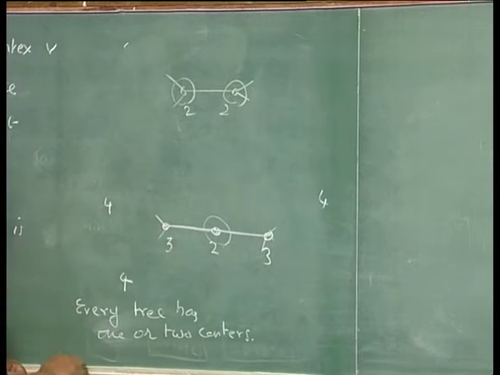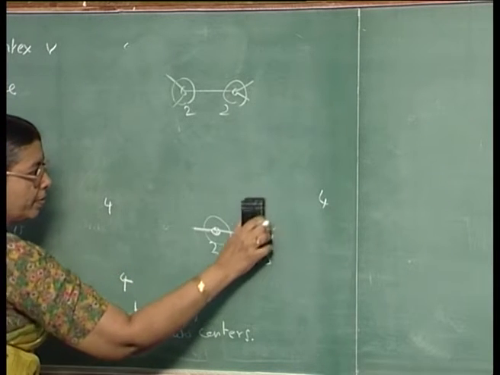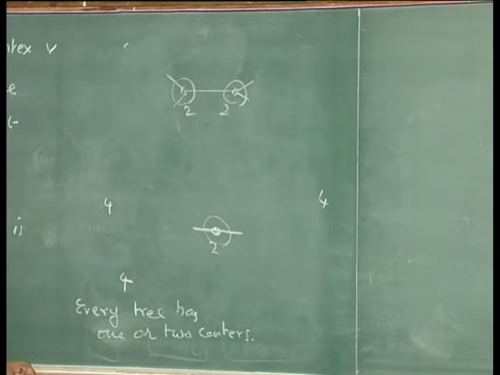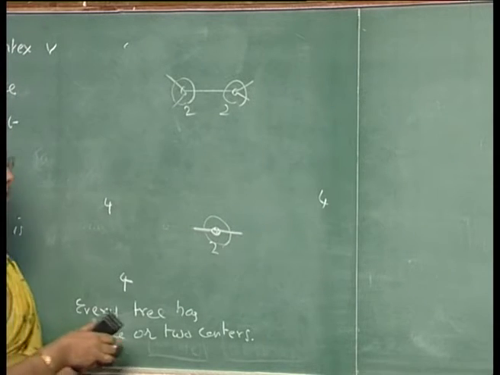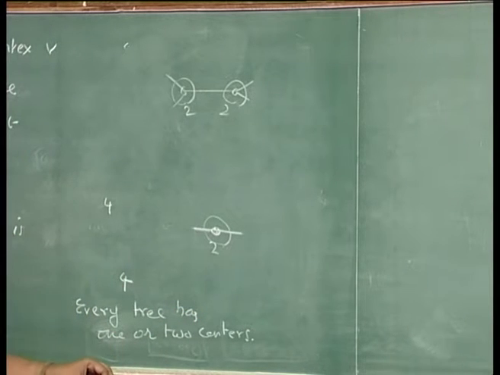These two are pendant vertices now, remove them also, then you end up with a single vertex, and that becomes the center. So, either you have 2 centers or 1 center in a tree, and this can be easily proved. So, these are some facts about trees, cut sets and cut vertices and so on.